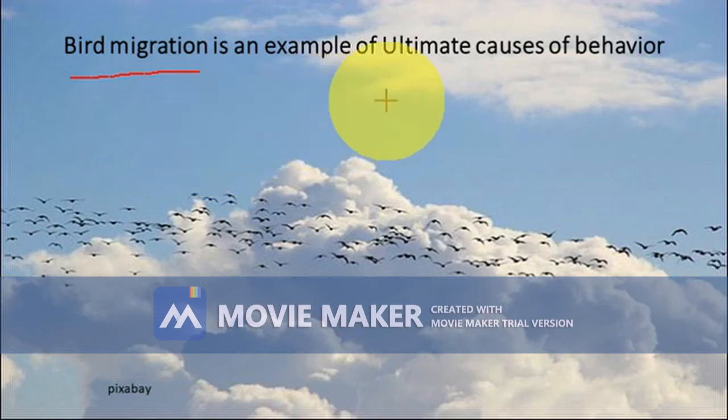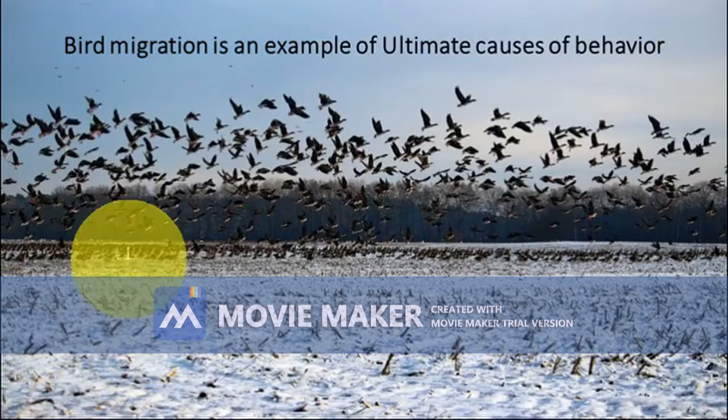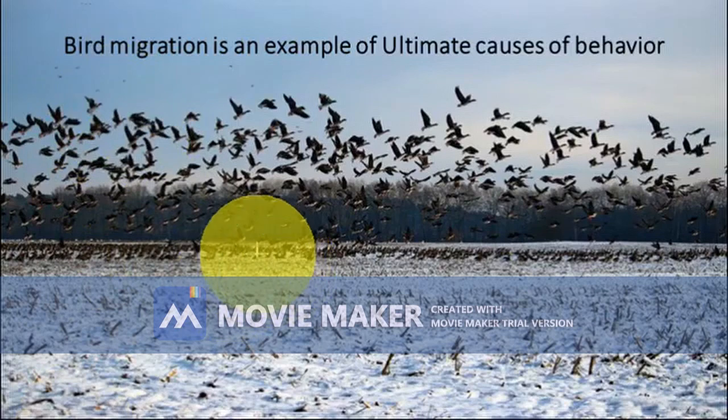For different reasons they migrate from one place to another. So there is an overall cause of migration, and that is the ultimate cause of the behavior of migration. You can see birds migrating for food and habitat. These come under ultimate causes of behavior.